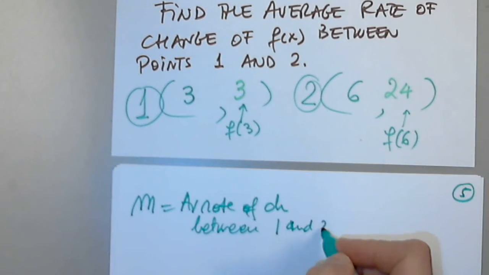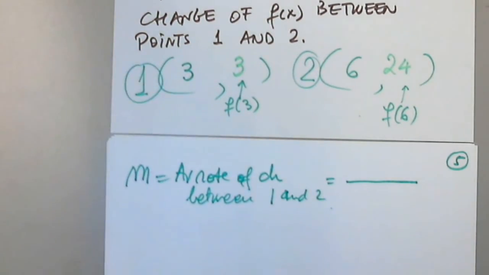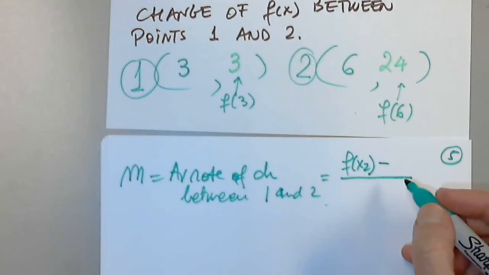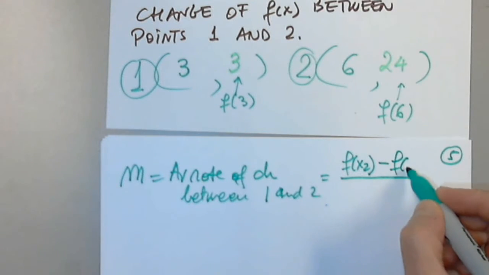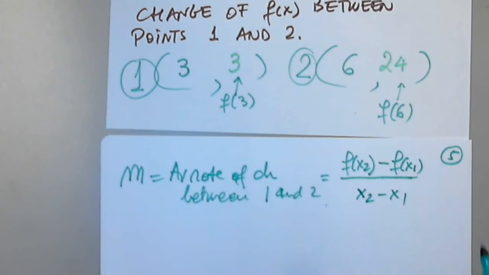Now the formula is the same, but we like to write it a little differently: f of x2, which we just did, minus f of x1, over x2 minus x1. Instead of writing y2 minus y1, we write f of x2 minus f of x1 just to signify that we are looking at an average rate of change.